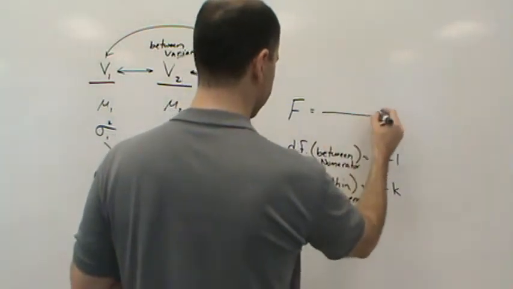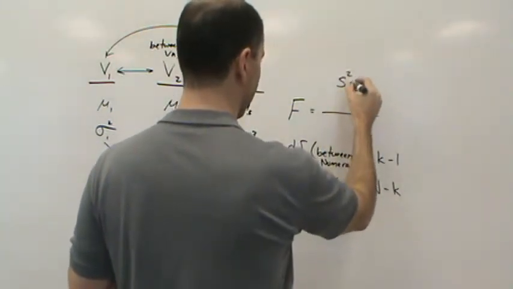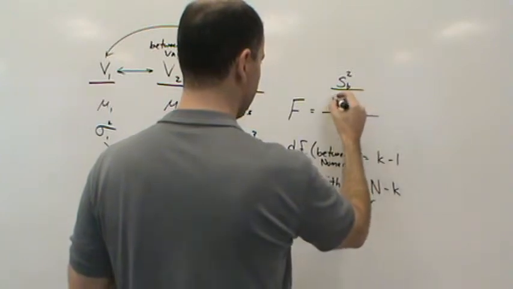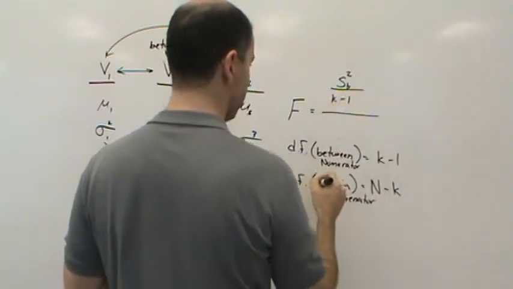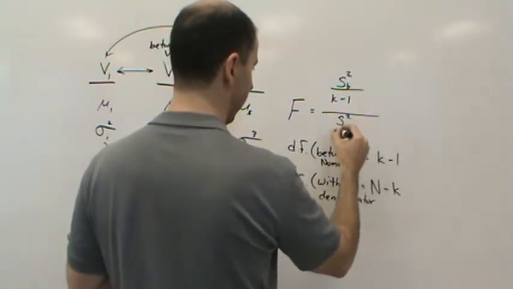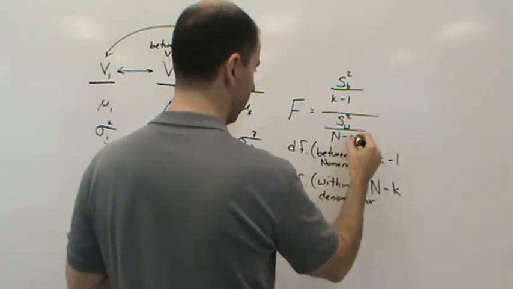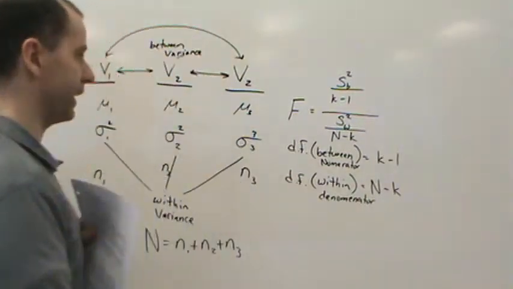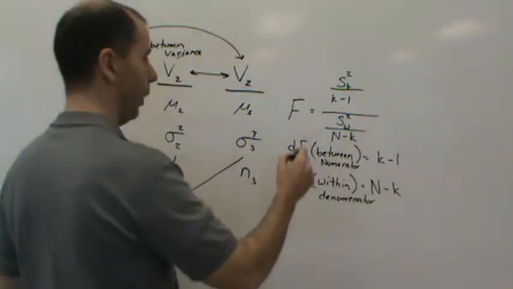So it's going to be s squared b, the between, divided by k minus 1 degrees of freedom, divided by s within squared, divided by capital N minus k. So that's the calculation for our F statistic.